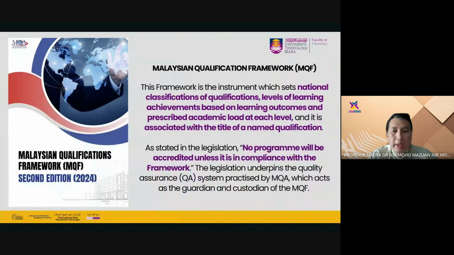And this MQA regulates the education system or education programs in the country. So what we have in Malaysia is called the Malaysian Qualification Framework, MQF. So maybe some of you who have done a lot of curriculum documents have probably heard this MQF a lot of times. So what does MQF really do?